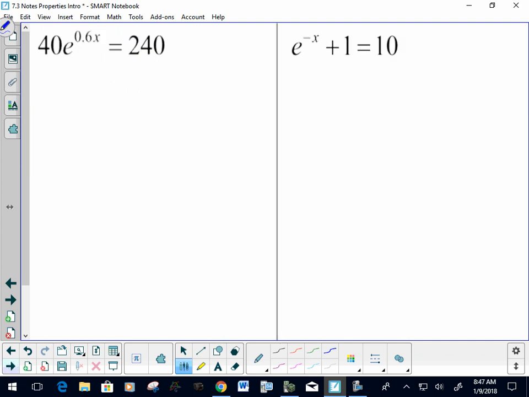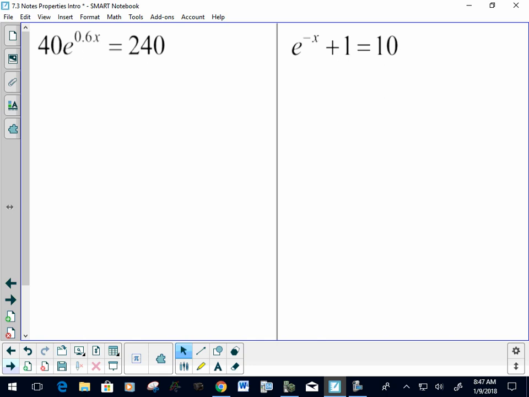All right, let's just look at 2 more. These ones are both with a base of e. So we have 40 times e to the 0.6x power is equal to 240. For this first equation, we have just a base of e for the exponential. The 40 is not being raised to that power.